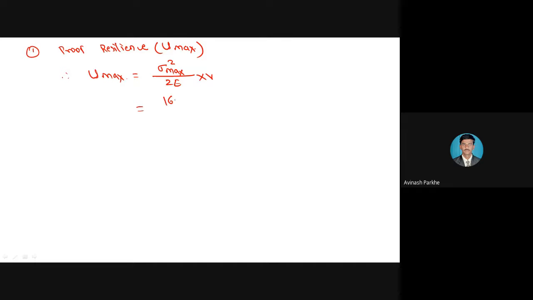So sigma max is 160 square, divided by 2 into 10⁵, into volume, which is area into length. Here the area is given directly, there is no circular cross section.